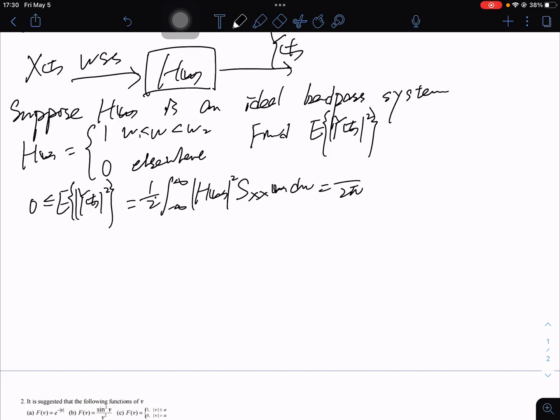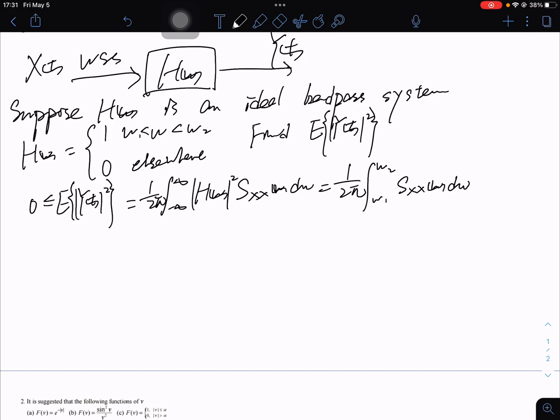Since H(omega) only equals 1 when omega is larger than omega 1 and smaller than omega 2, it becomes the integral from omega 1 to omega 2 of S_xx(omega) d omega, right?